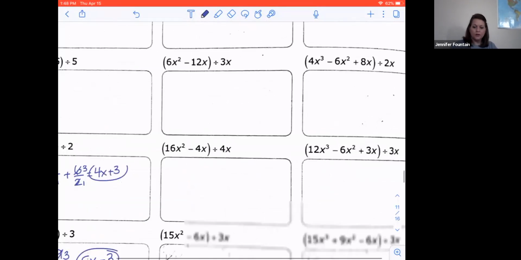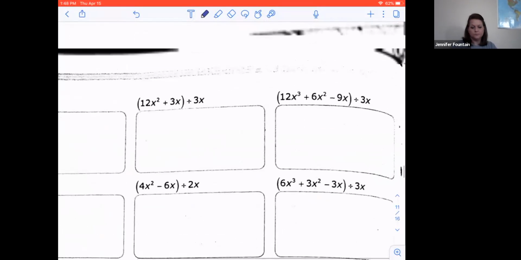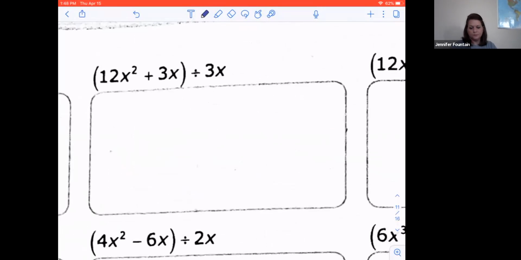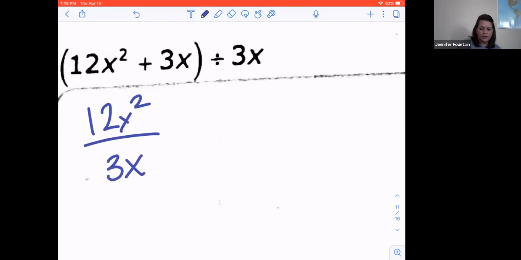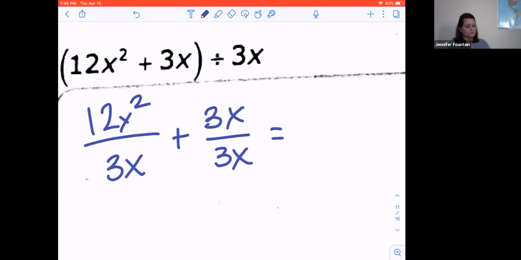Let's go to the middle column. Now we're dealing with variables in our divisors. So I'm going to have 12x squared divided by 3x plus 3x divided by 3x. 3 divided by 3 is 1. 12 divided by 3 is 4.